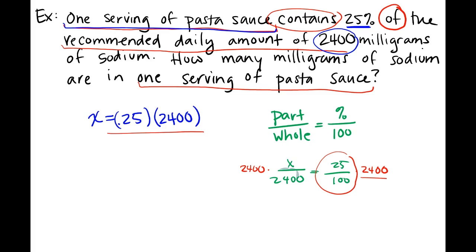So if you get confused about "of is," this is another method that you can use to get to the answer. So either way, I need to figure out what 25% or a fourth of this is, which should be 600.